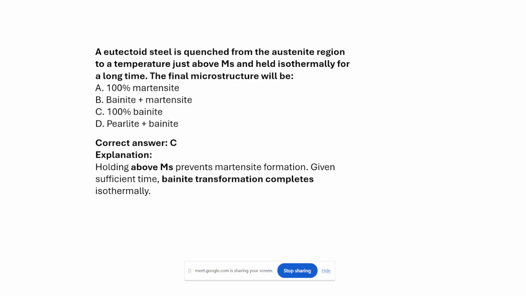Eutectoid steel is quenched from the austenitic region to a temperature just above the martensite start and held isothermally for a long time.